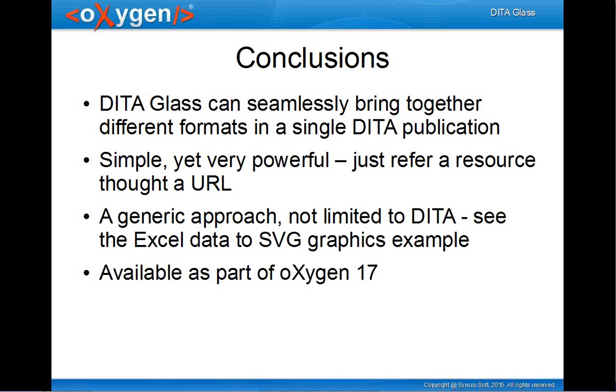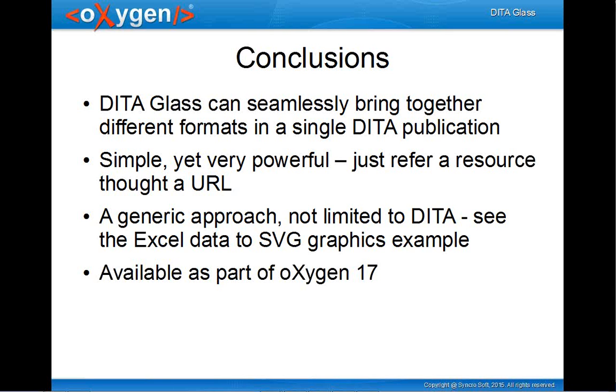This is a generic approach. Data is a useful and interesting example, but we can think also, and Radu covered the dynamic graphics in SVG, for instance, from Excel data. You can also think that you can access a web service, for instance, so that information doesn't have to be necessarily in a local file.